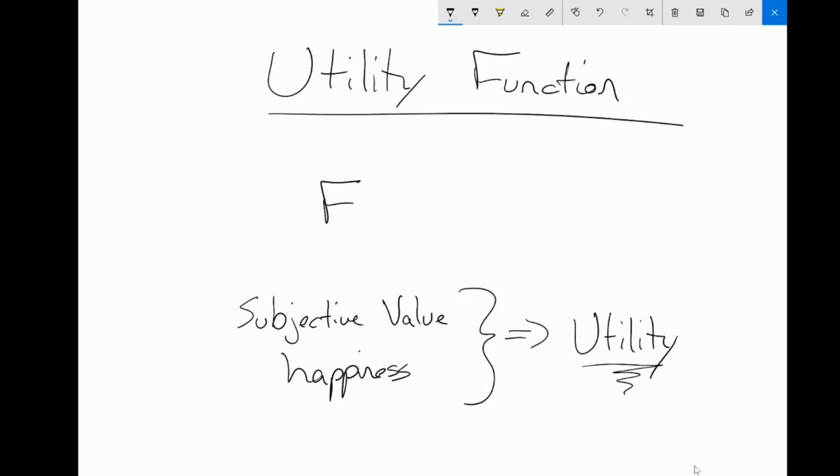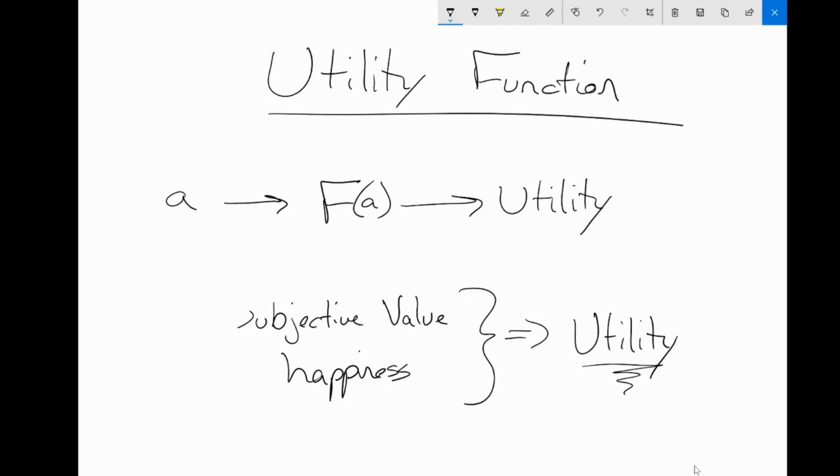And this function, what we want it to do is take goods and actions and map them into utility. I want some function that will take a good or an action A as an input and spit out utility.